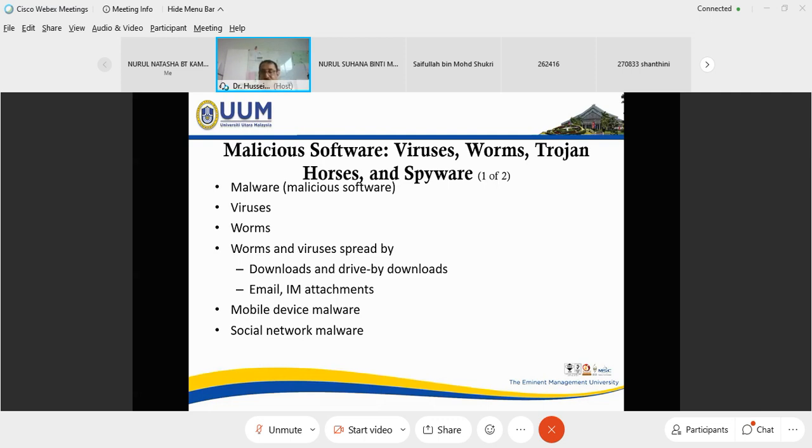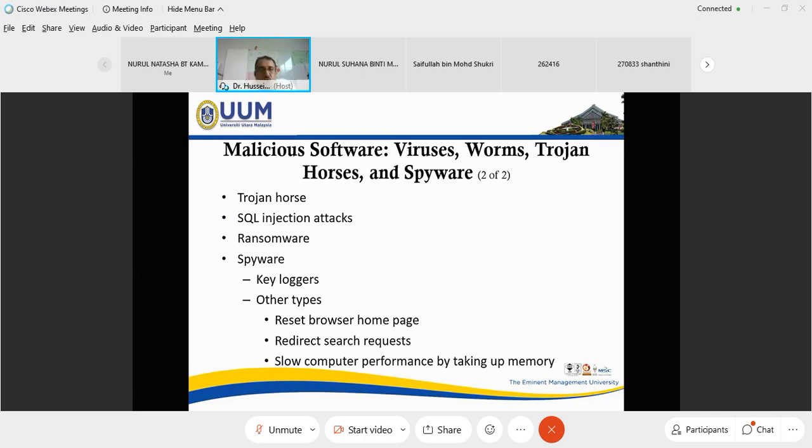Also among them is mobile device malware or social network malware that would like to attack your device or smartphone. Trojan horse. SQL, structured query language injection attacks, are very dangerous. Ransomware. Spyware: when you log in, you use a username and password, and they will take it with keyloggers.